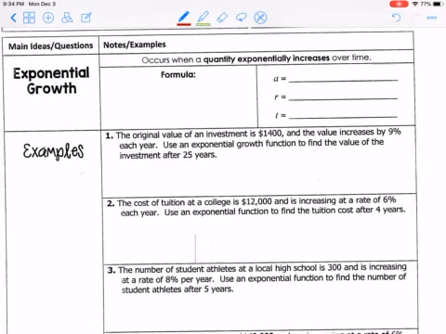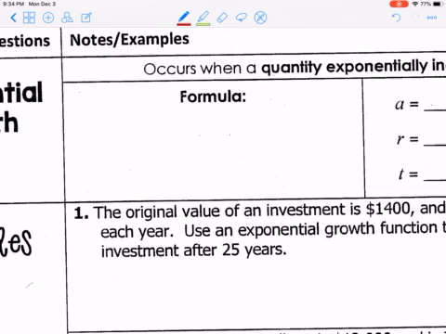Alright, our topic today is exponential growth, and the formula is similar to the other one, except that because this is going to be more involved with money, it's going to look more like a financial formula.